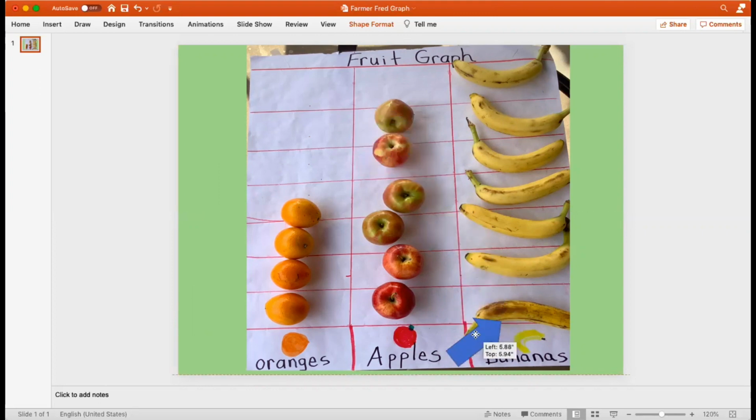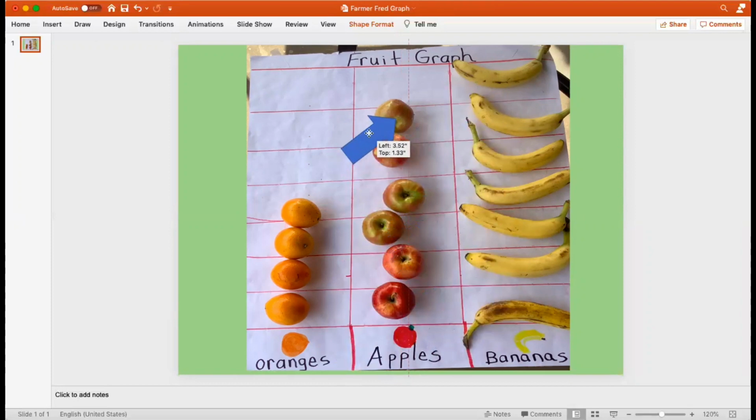I noticed that the banana column goes all the way up to here, and the apple column stops here. That tells me that there are more bananas than apples. That's because the banana column goes past the apple column.